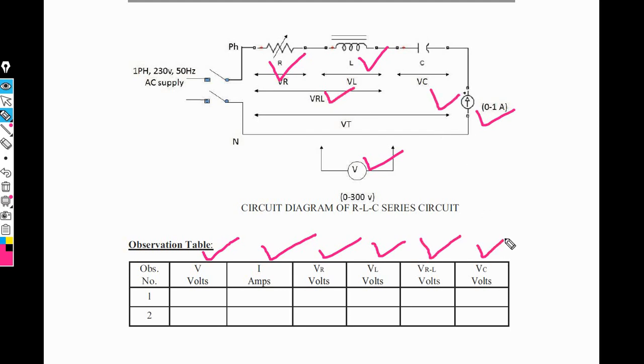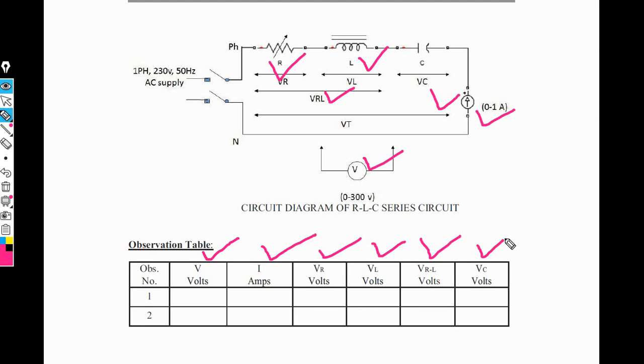That means in the series RLC circuit we have to measure voltage in volt, current in ampere, voltage across resistance VR in volt, voltage across inductance VL in volt, voltage across resistance and inductance in volt, and voltage across capacitor VC, measured with the help of a voltmeter, in volt.